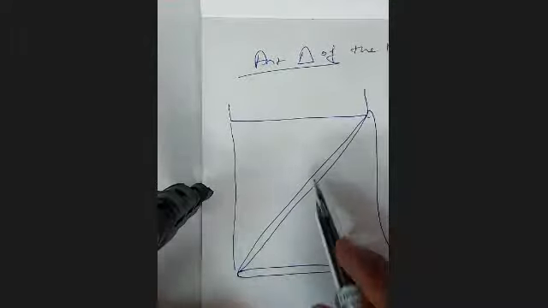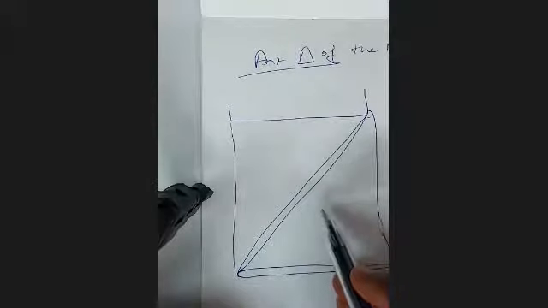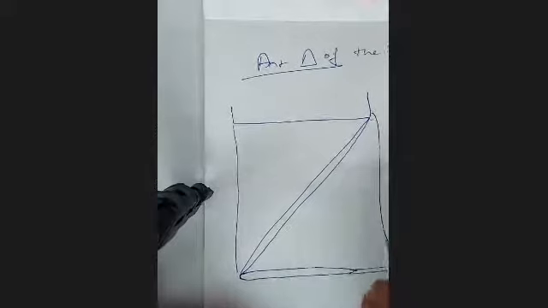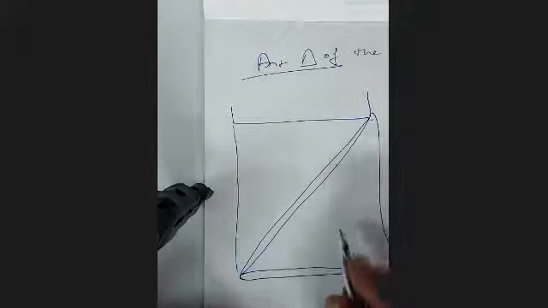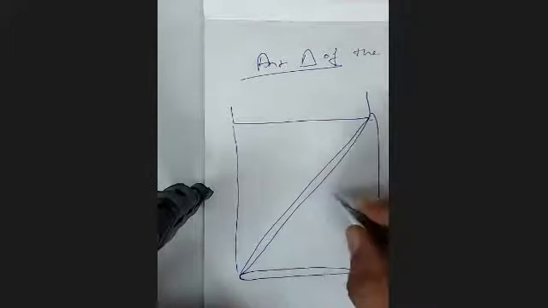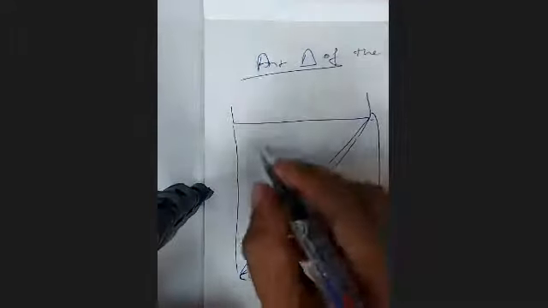So this sternocleidomastoid divides the quadrangle of the neck into posterior triangle and anterior triangle. So this is posterior triangle and this is anterior triangle.